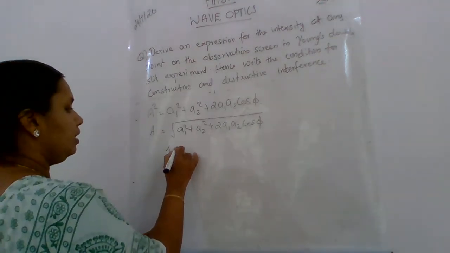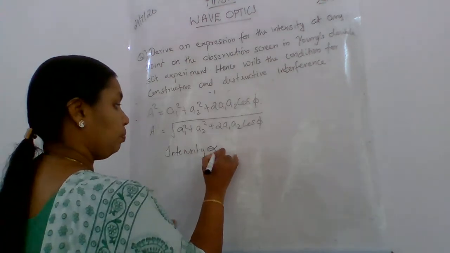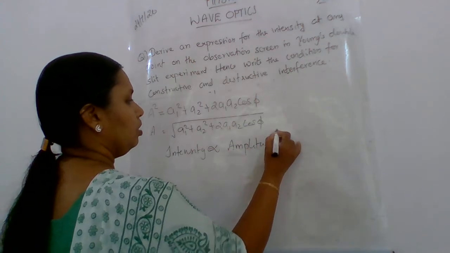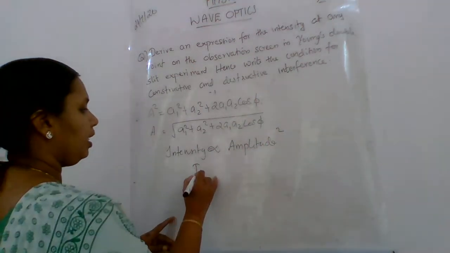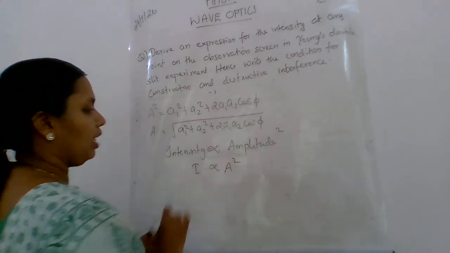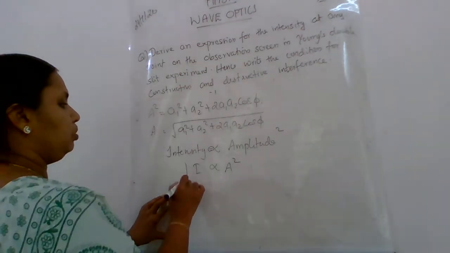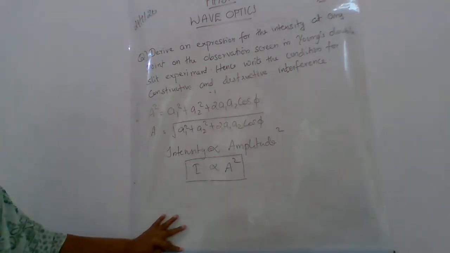Yes. Intensity is proportional to the square of the amplitude. I is proportional to A square, where I is the intensity and A is the amplitude. Okay, another relation, I proportional to K square.